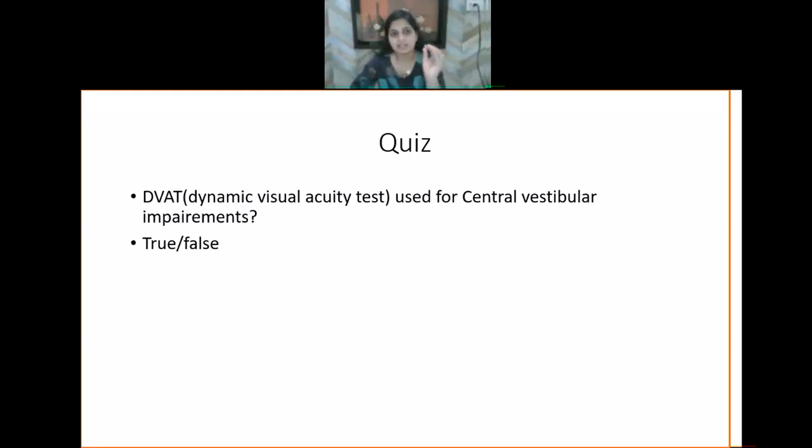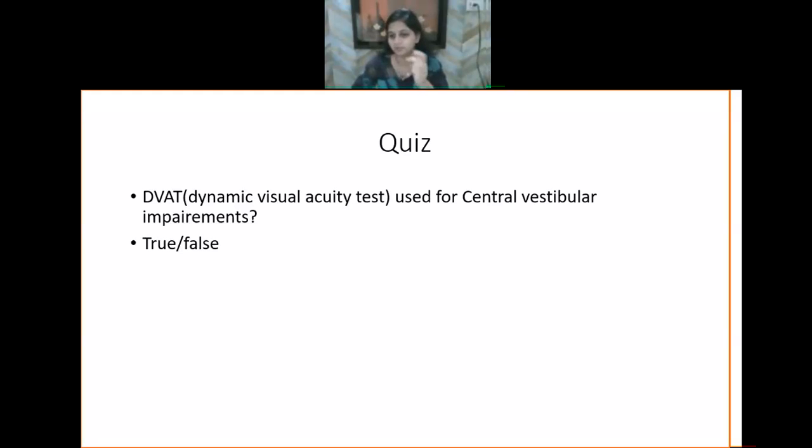The test has 100% sensitivity. If the test is positive, it means the patient has vestibular impairment. So is the test for central vestibular or peripheral? Just put true or false. Sorry, the question is: it's for central vestibular. Is it true? Is it for central vestibular?